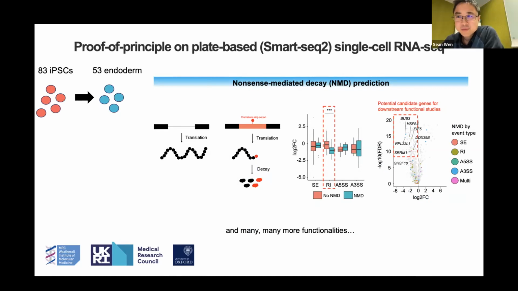Yes, so splicing events that are lowly expressed would have already been filtered out in the pre-processing step, so that we can be confident with the splicing events that are actually included for the downstream analysis.